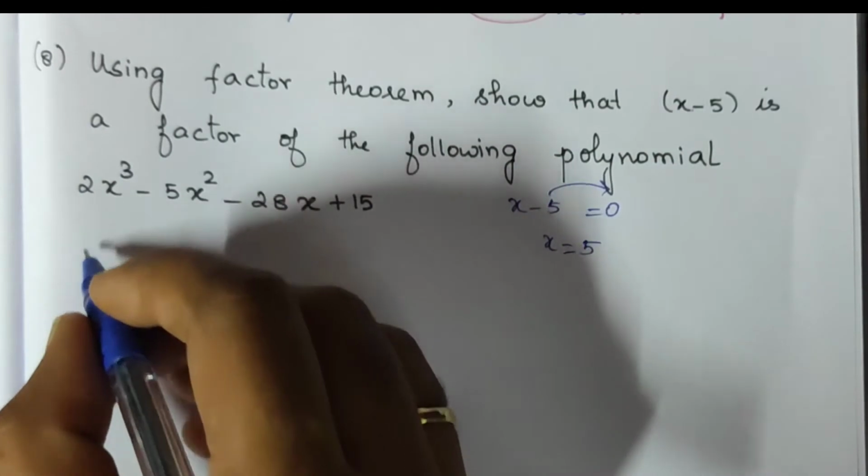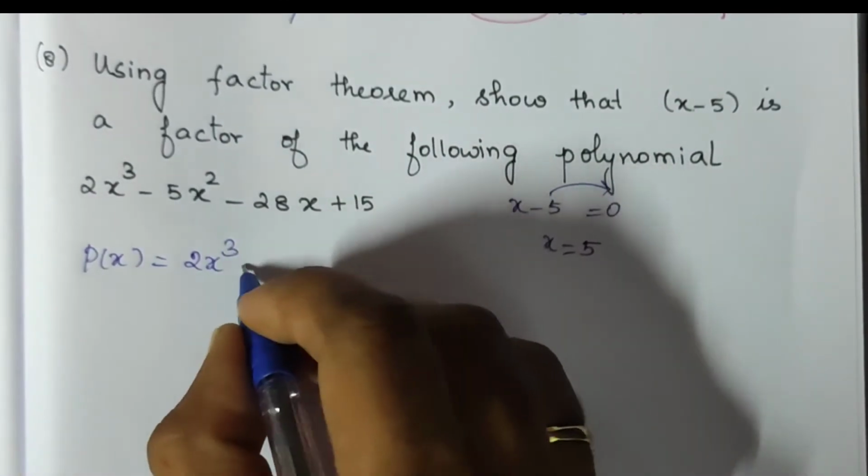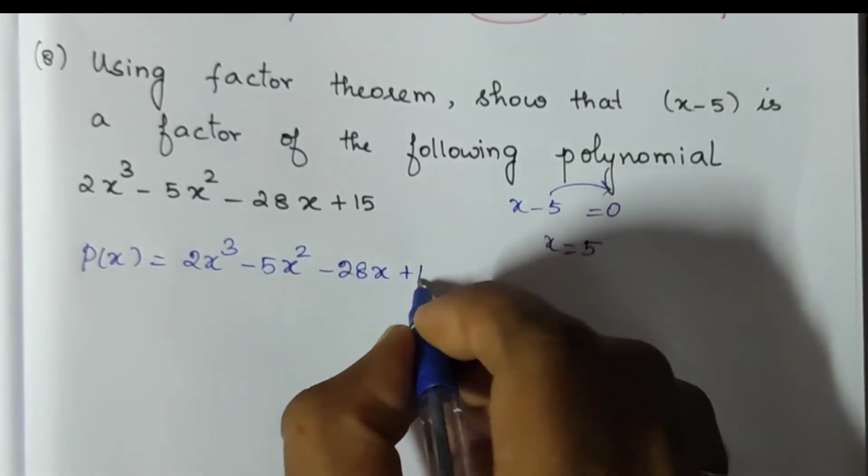I'm going to consider this polynomial as p of x is equal to 2x cube minus 5x square minus 28x plus 15.